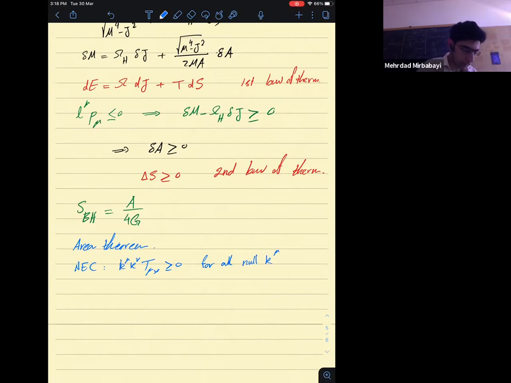If this condition is satisfied, I'm actually not sure about the sign, the sign might be the opposite in my conventions, but anyway, the one that corresponds to having positive energy particles. If this condition is satisfied, then in general the area of the event horizon, which can be defined in a very abstract way in GR, as the boundary of the past of future null infinity, the area of that cannot decrease with time.